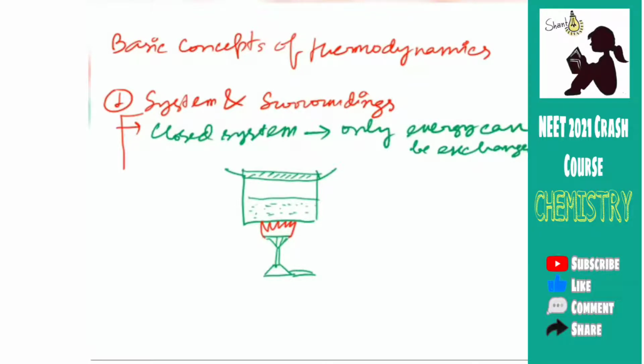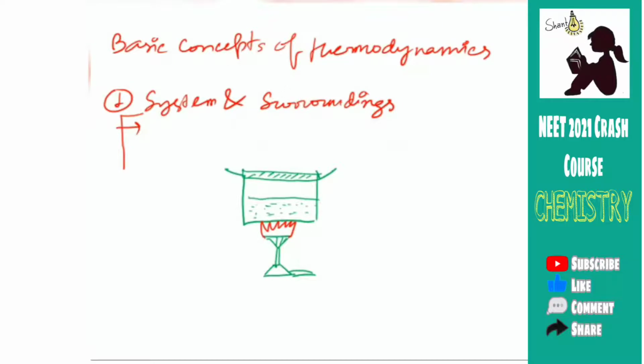So what I showed you in the very first example to teach you about the system and surroundings is exactly what happens in the closed system. It is exchanging heat, but because of this lid, it can't exchange the water vapors with the outside surroundings. So it is only exchanging energy. So it is called closed system.